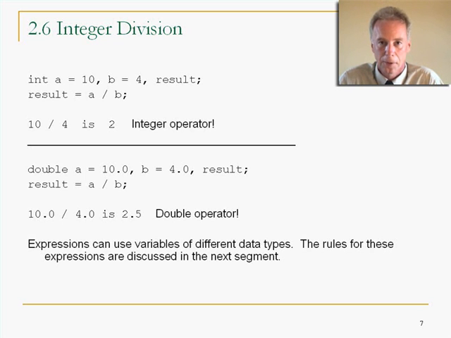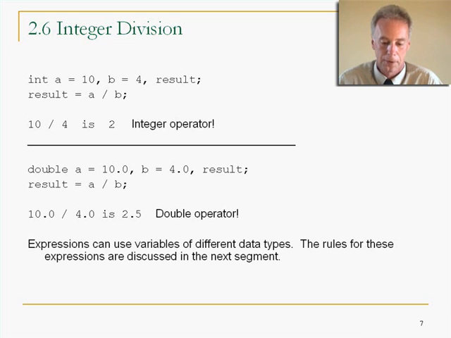There can't be a decimal point in the answer. So let's think about this for a second. The divide operator, when it has an integer variable on the left and the right, then we have an integer division. The integer divide operator is different from the floating point divide operator. The result of an integer division is an integer. It can't have a decimal point in it.